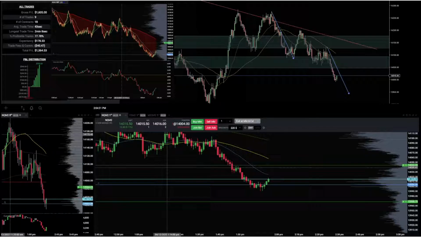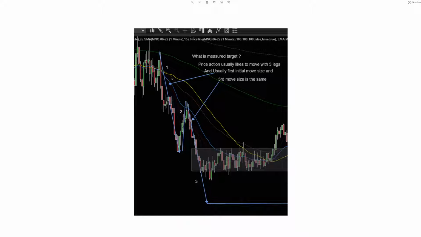So the measured move is when the price moves, it moves in like 3 sections, right? This is like a one leg. There's another leg here, second, and then it is your third leg, right? So the measured move is on that first initial move, which is this number one here.